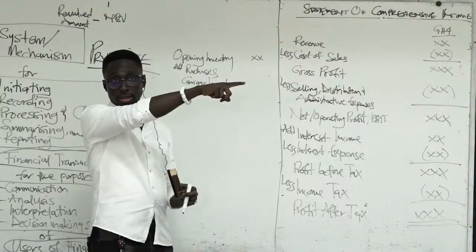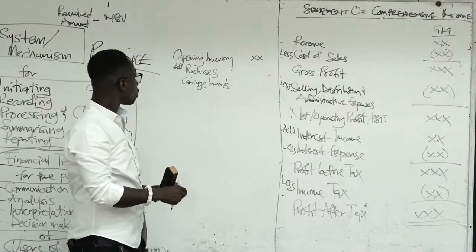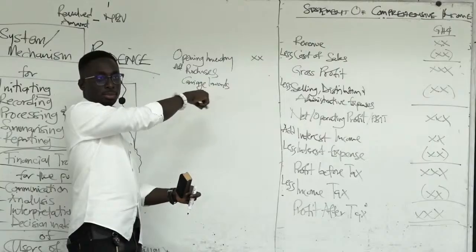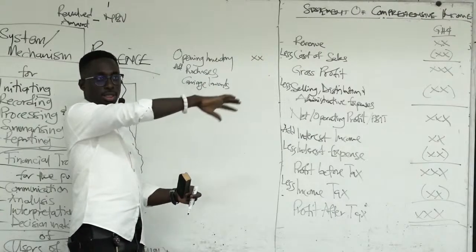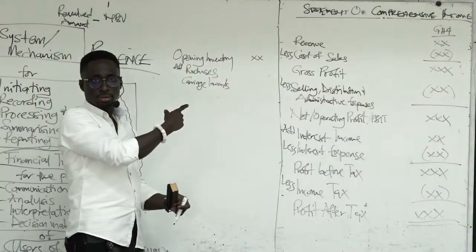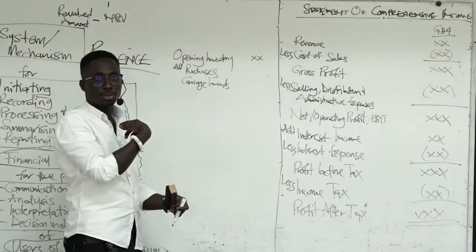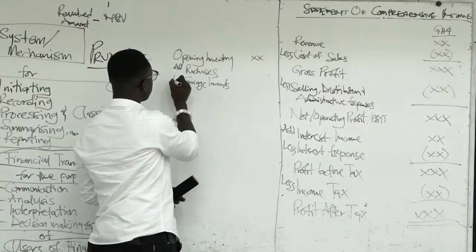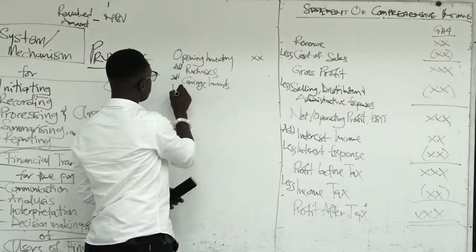So we may have bought items as part of purchases, but a portion of it was taken by the proprietor. We need to take it out. We can't consider it as part of our expenses. So this is added, but this is taken out.